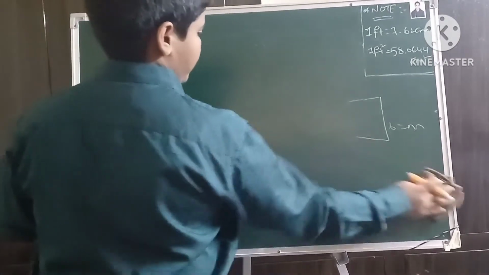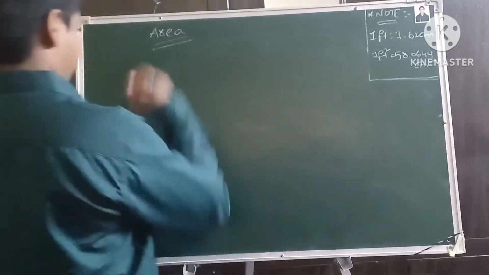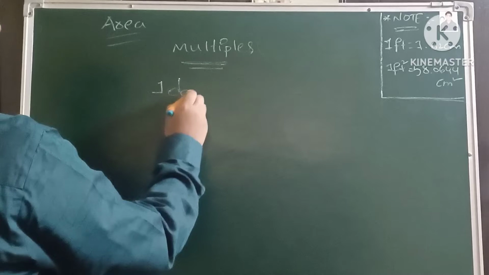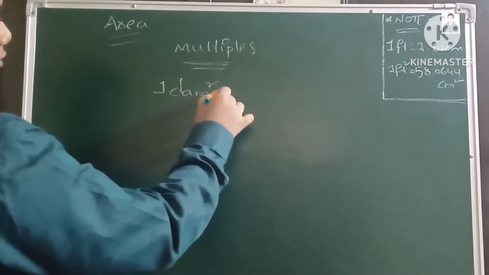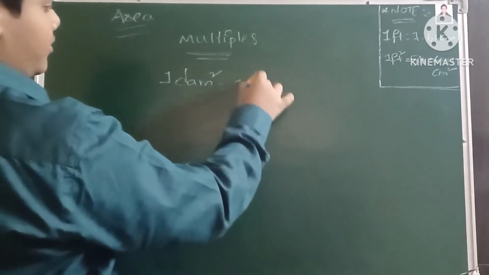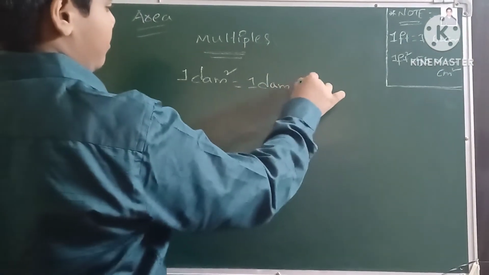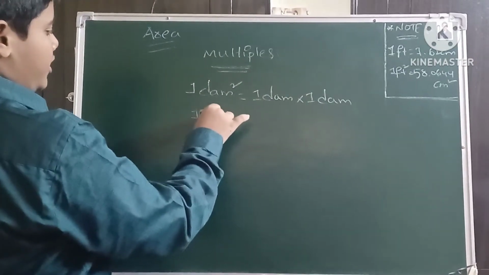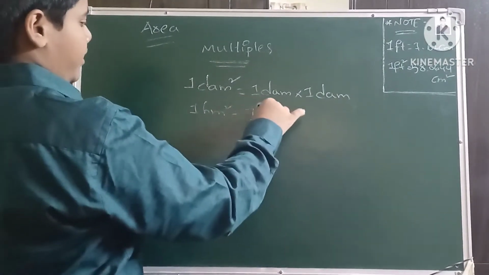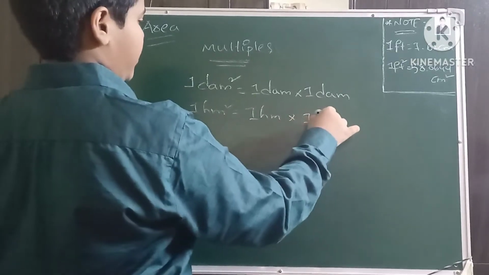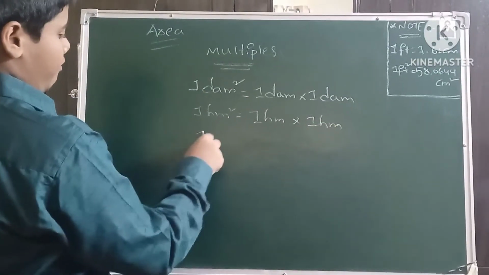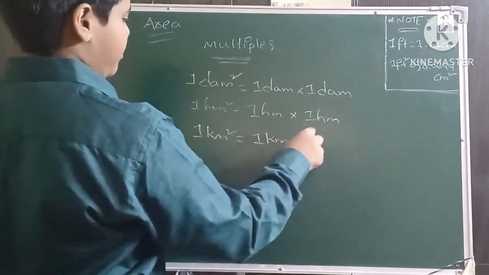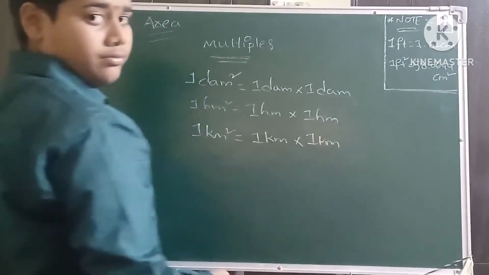And the multiples and submultiples of area. Multiples: 1 decameter square is equal to 1 decameter into 1 decameter. 1 hectometer square is equal to 1 hectometer into 1 hectometer. 1 kilometer square is equal to 1 kilometer into 1 kilometer.